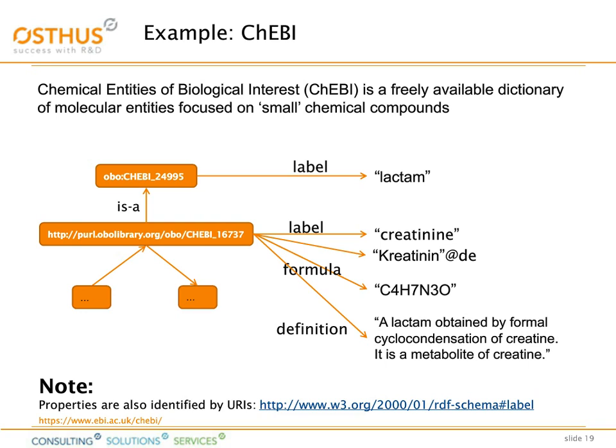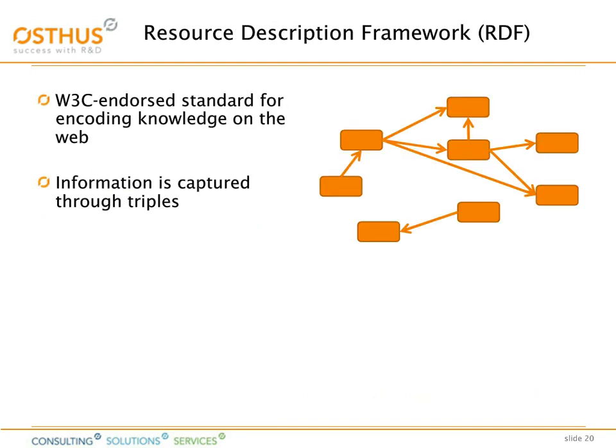And even though these graphs and triples are good to understand for machines, for humans, it's often easier to see document-like structures.